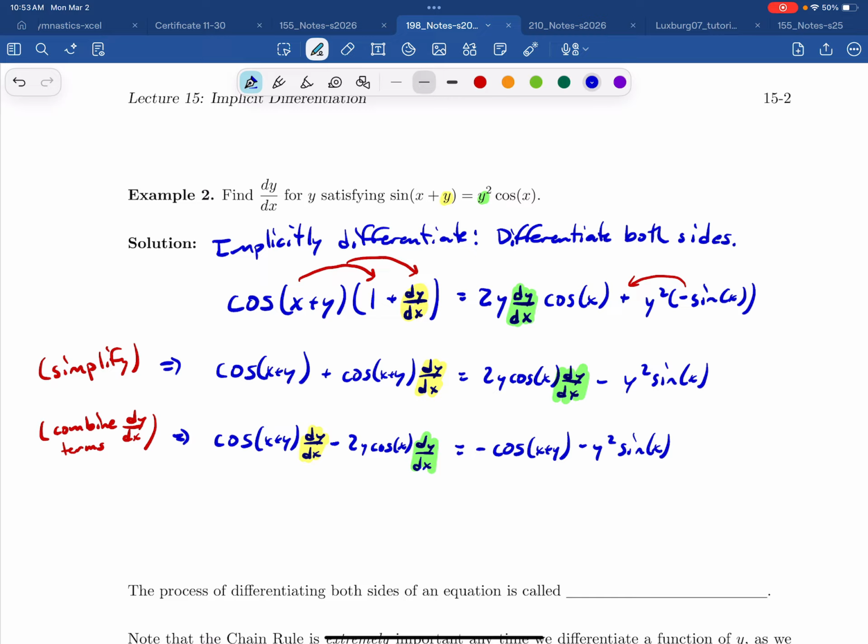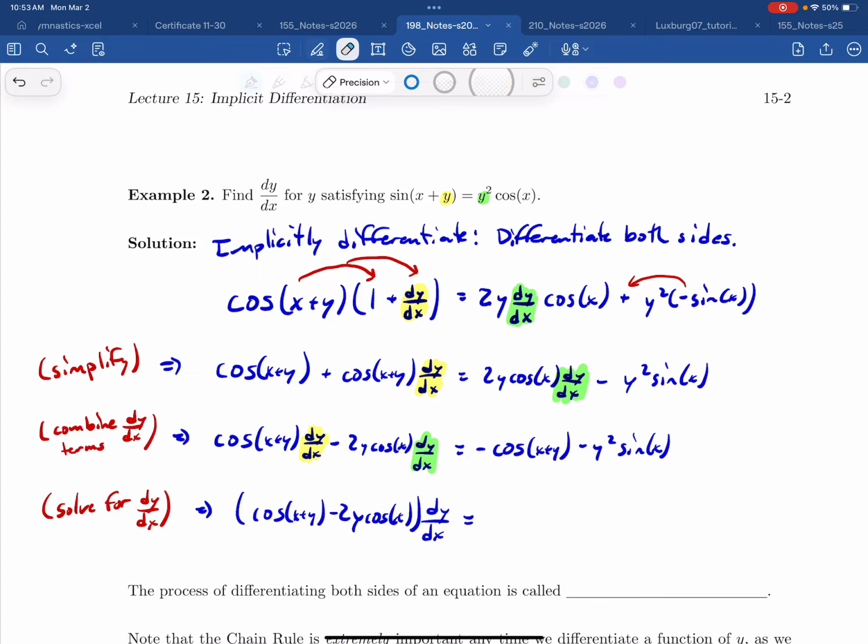We're just going to solve for dy over dx. And so the way we do that is we just factor out the dy over dx and then divide. So we get cosine of x plus y minus 2y cosine of x times dy over dx. And then this equals, you know what, I'm feeling lazy.